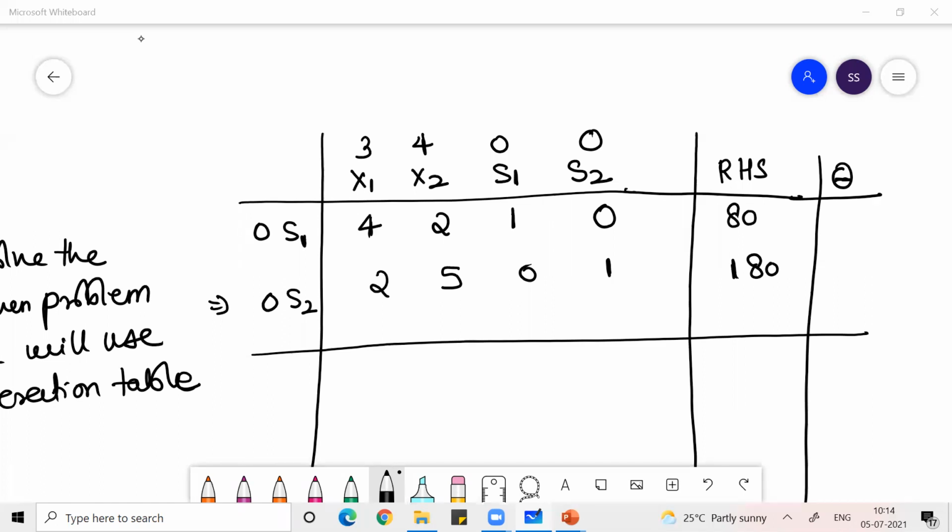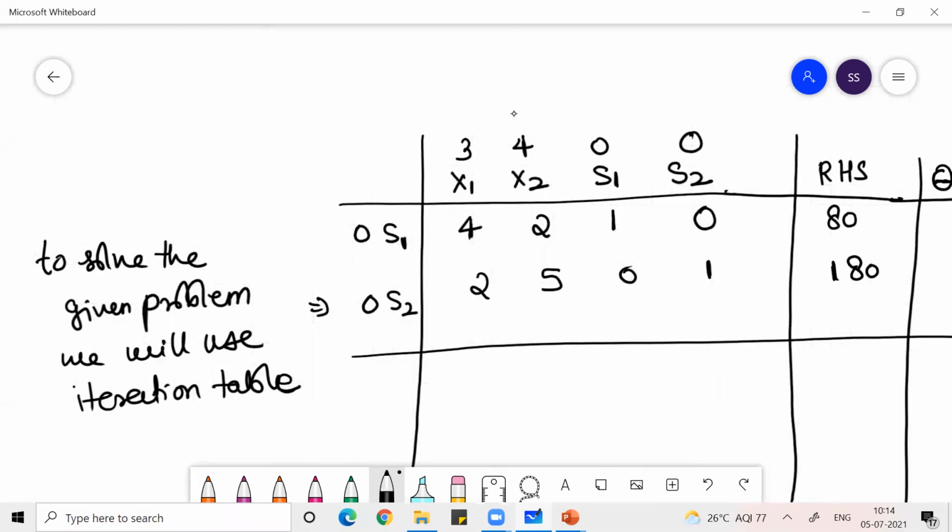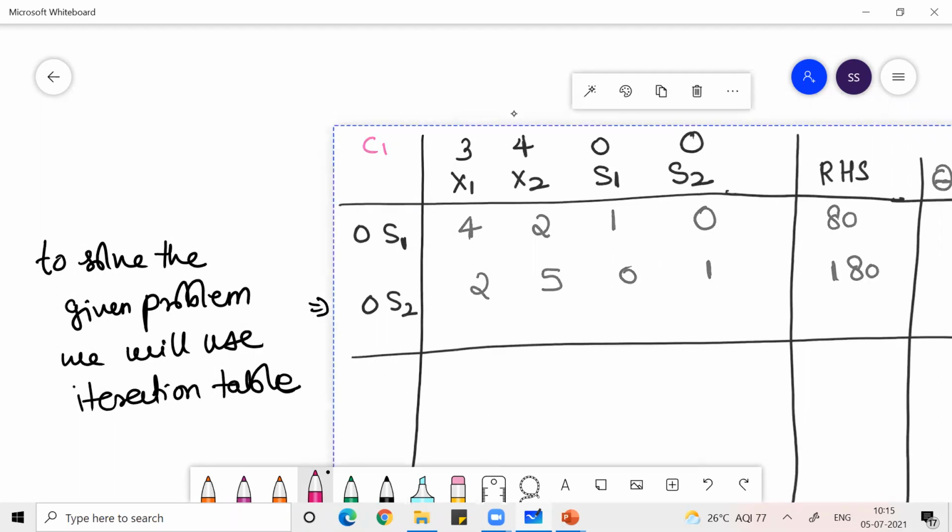Clear everyone? So once you're done with this, we'll call this CI.